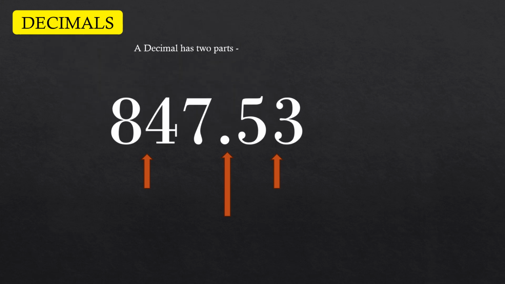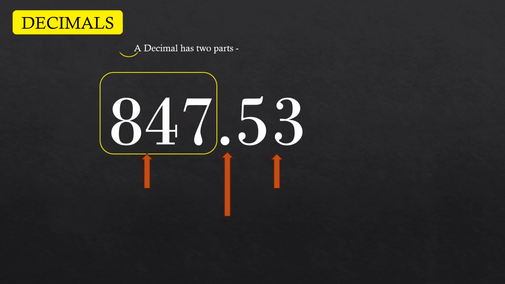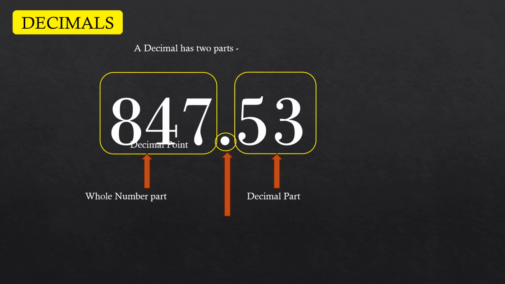Now, a decimal has two parts. So we will be learning about this part, and we will be learning about this and then this. So this point you see over here is called the decimal point, as I told you in the last video. Then the number here you see is before the decimal point, so it is called the whole number part.